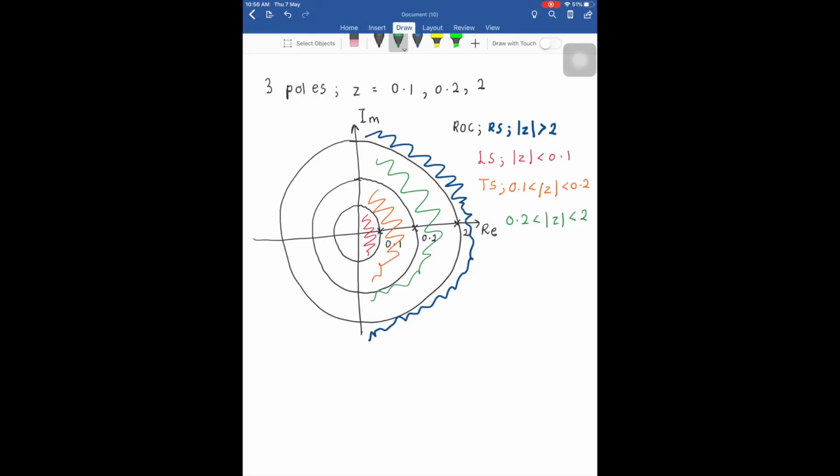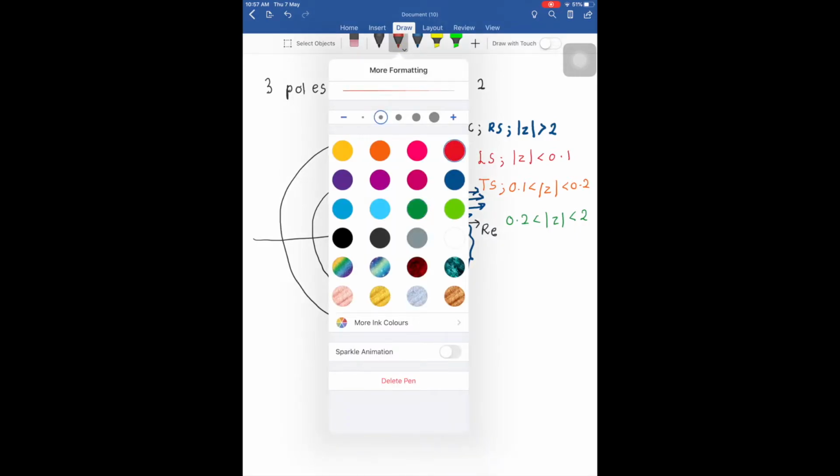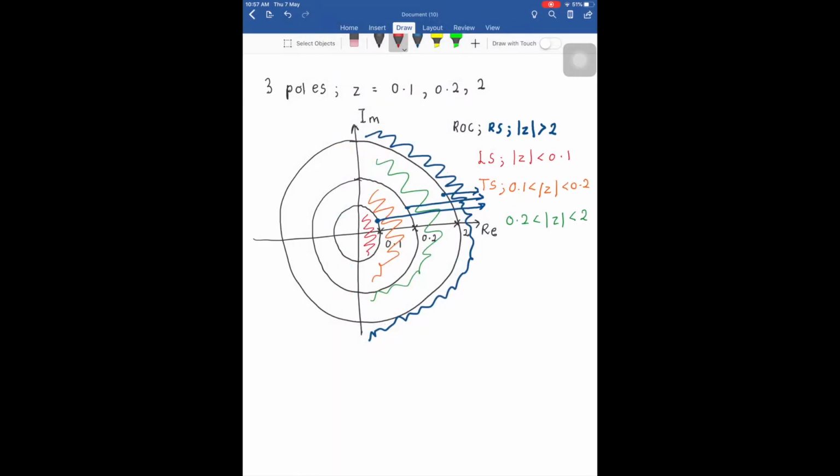So what happened to the function? For the right-sided region, all your poles will approach to right, so you don't have to worry about anything. For the left-sided region, all the poles will approach to left.